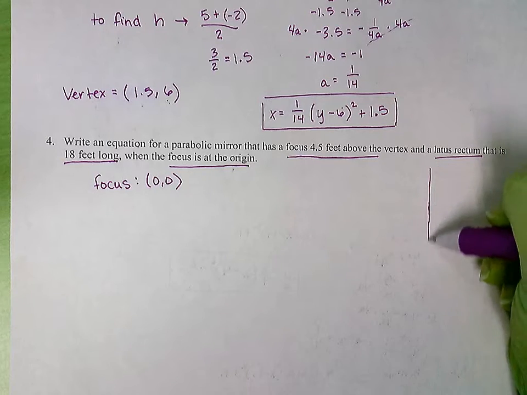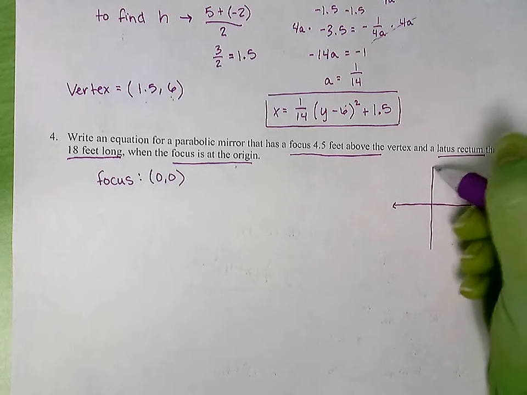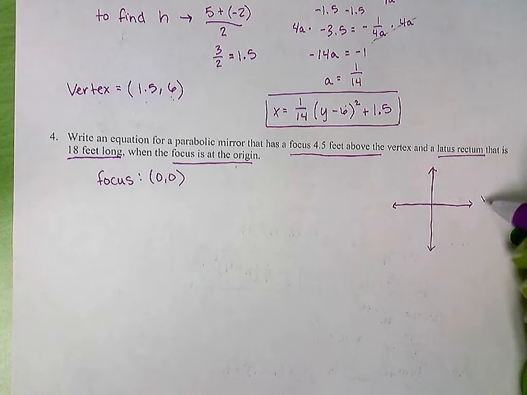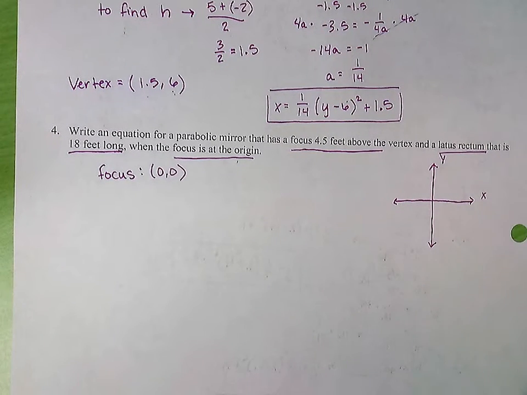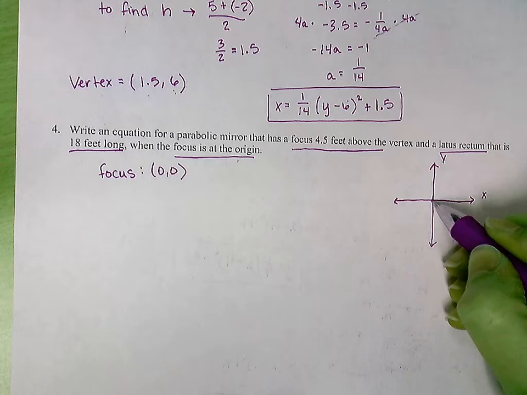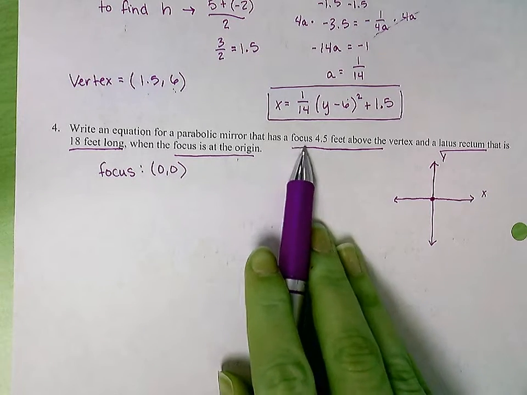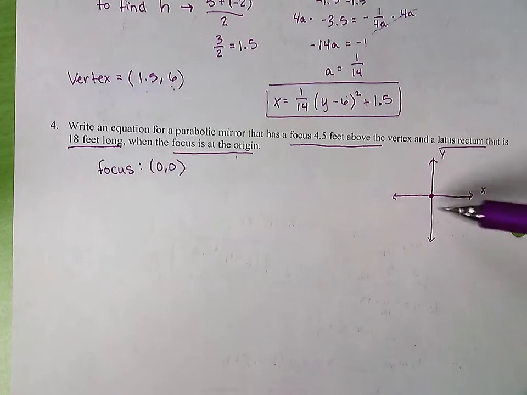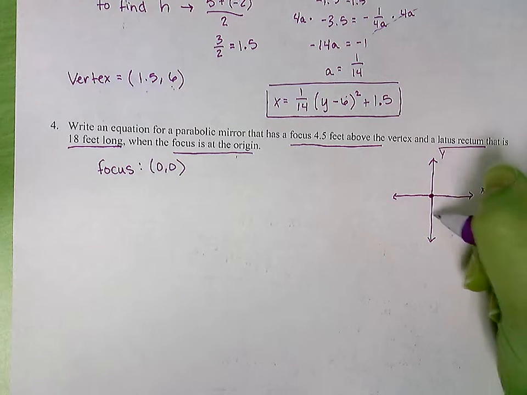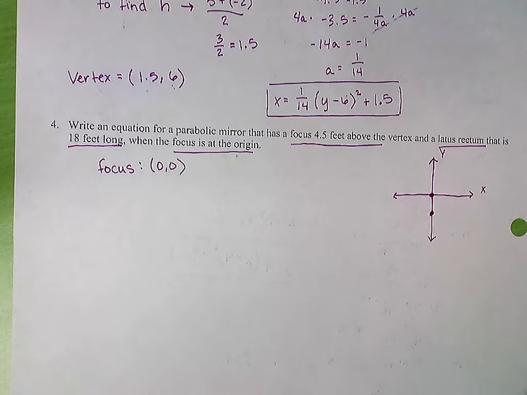Okay, so now if I think about this on a graph, my x and y axes, my focus point is right here. Now, above, it said the focus is 4.5 feet above the vertex. Okay, since it has to be above the vertex, that means your vertex is below it by 4.5.